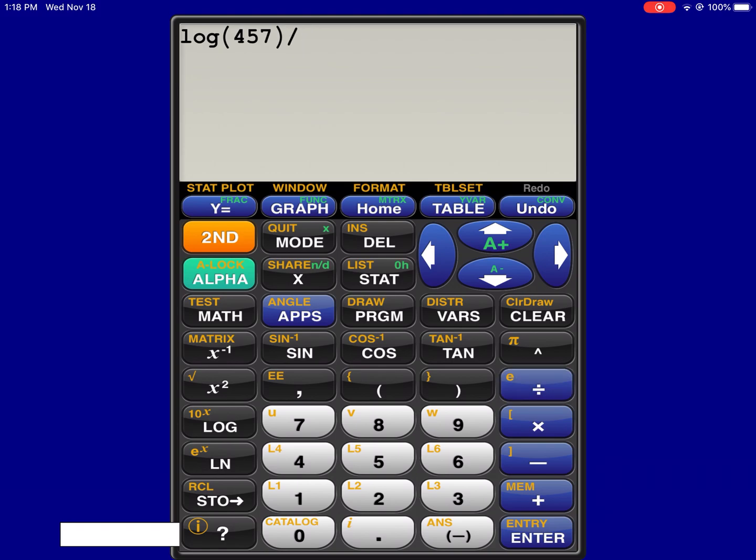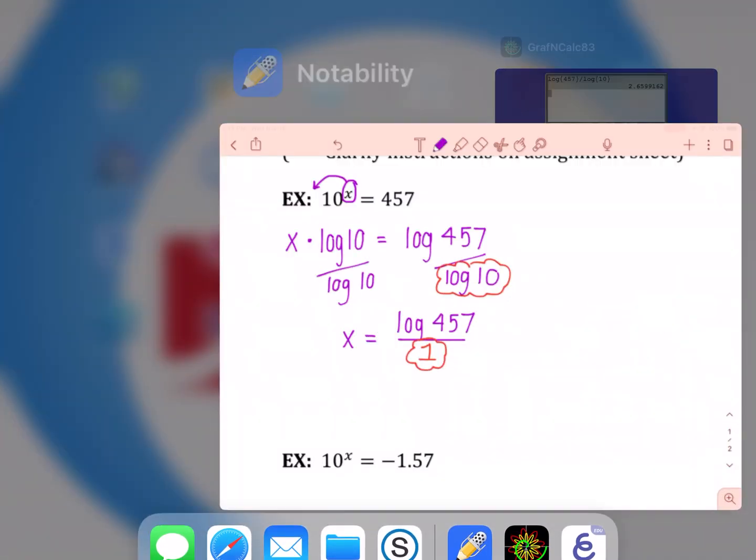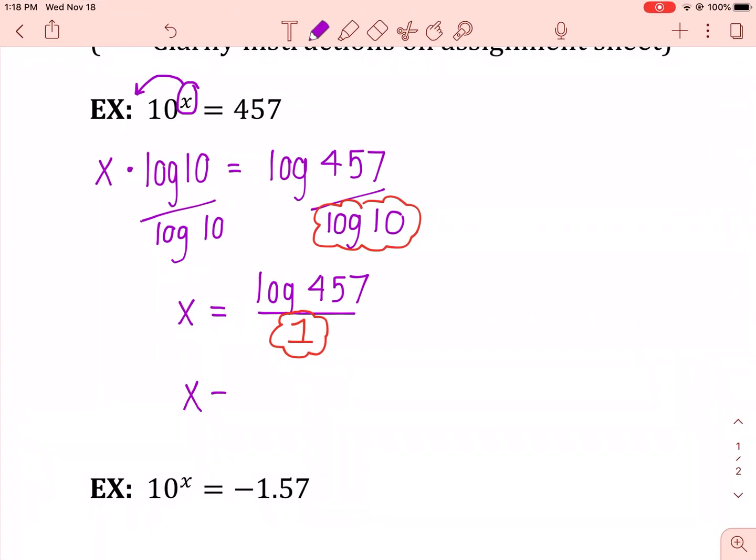We're going to divide it by 1, or if you don't see it, log of 10, again, close the parenthesis. Pops out is 2.6599. We're rounding to 3 decimals, so we're going to have it be 2.660. So x equals 2.660.